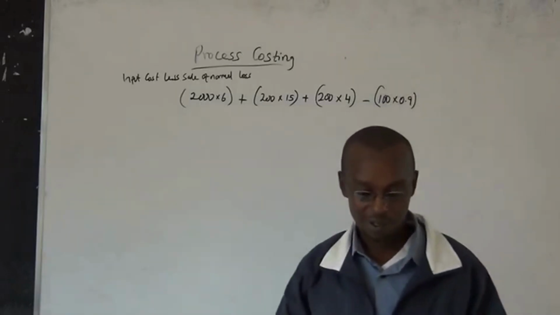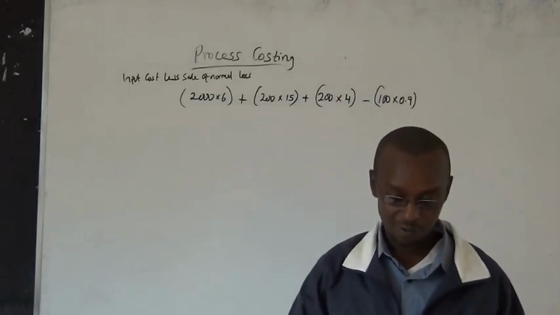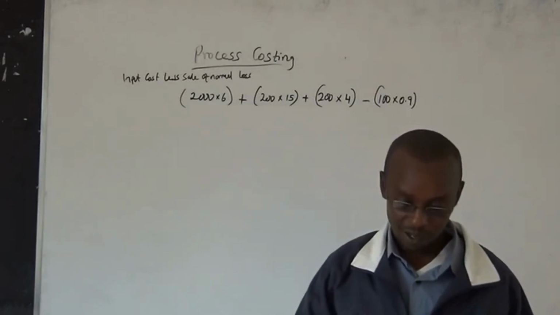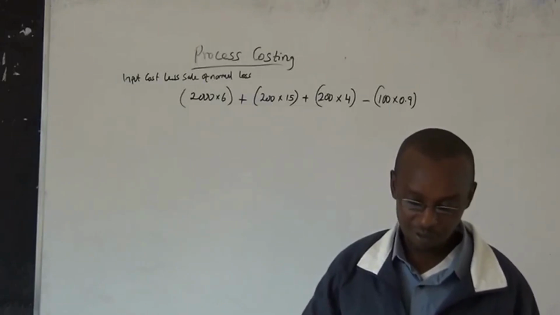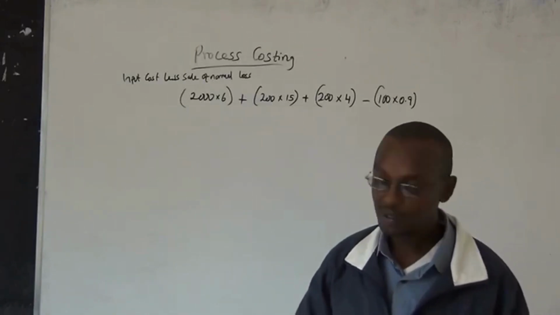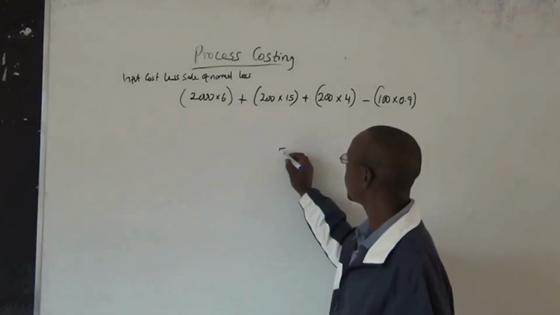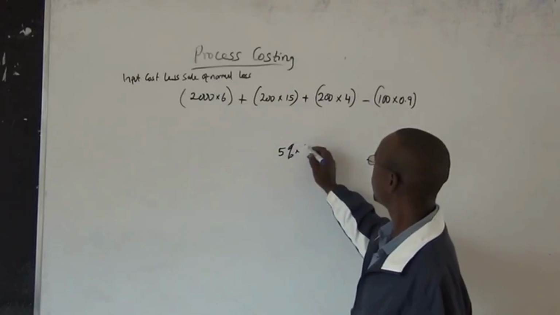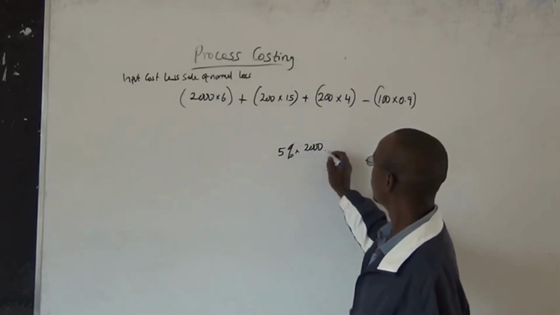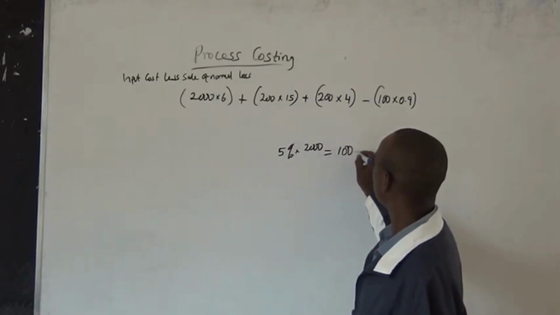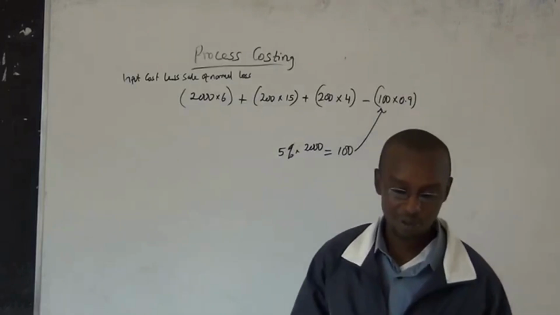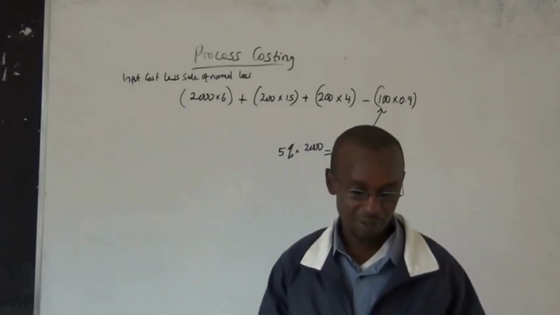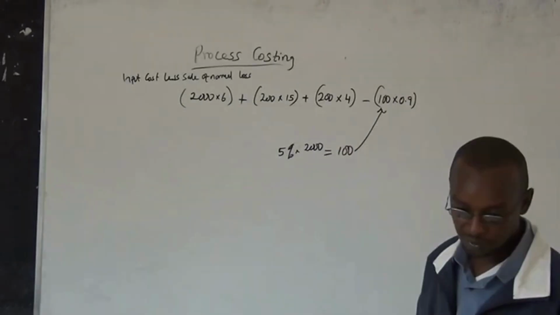You can see each one of them. Normal losses are incurred at the rate of 5% of input. So first of all, I have calculated the 5% of input, and that's what I've got, this 100 here. Then the value of the normal loss you have been given, it can be sold at 0.9.